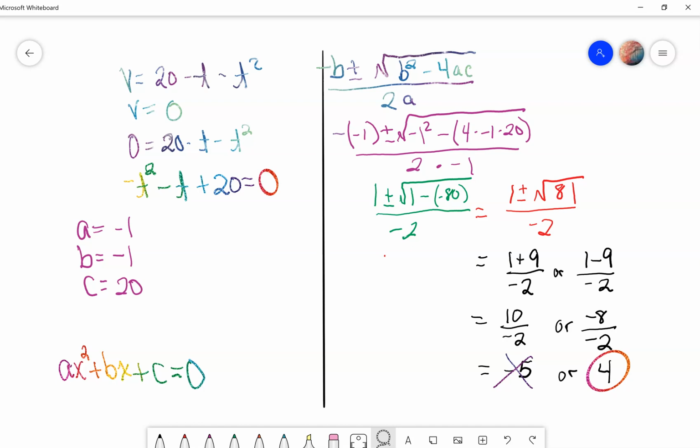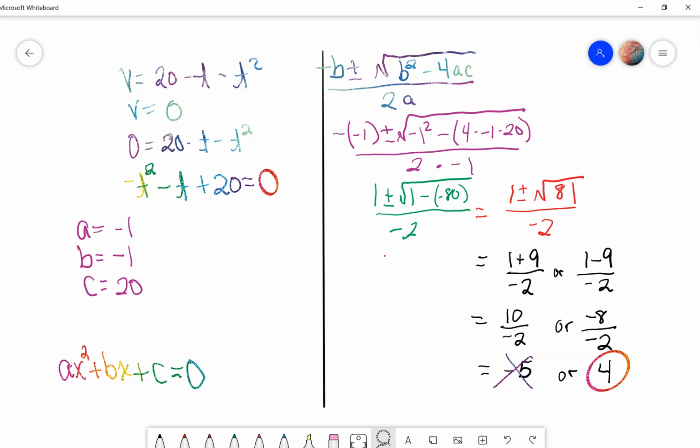Alright, so I substituted in all of my a's, b's and c's to get negative 1 times -1 plus minus square root of -1 squared minus 4 times -1 times 20 over 2 times -1, which then gives me 1 plus minus square root of 1 minus -80 over -2, which then gives me 1 plus minus the square root of 81 over 2.